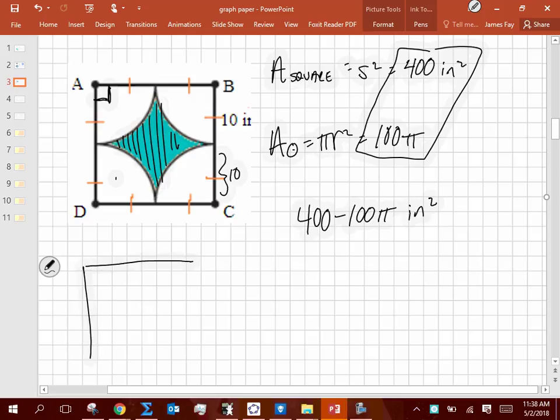Is it any different than putting the circle there and asking you to find these areas? No. It's the same, because think about this.